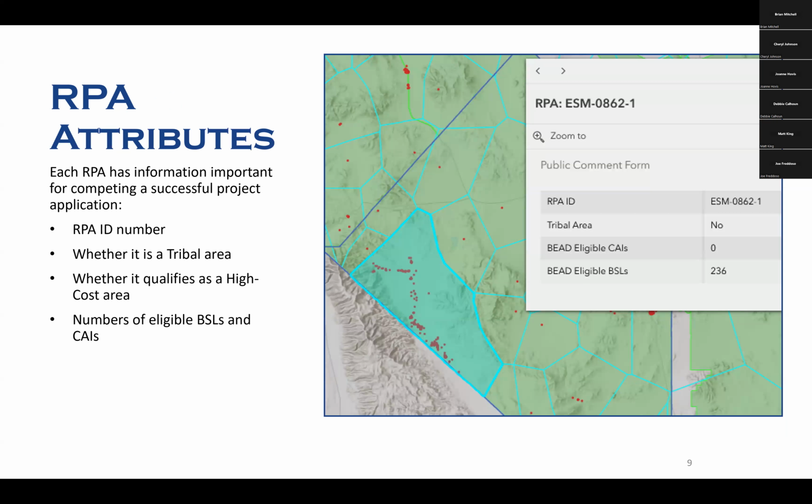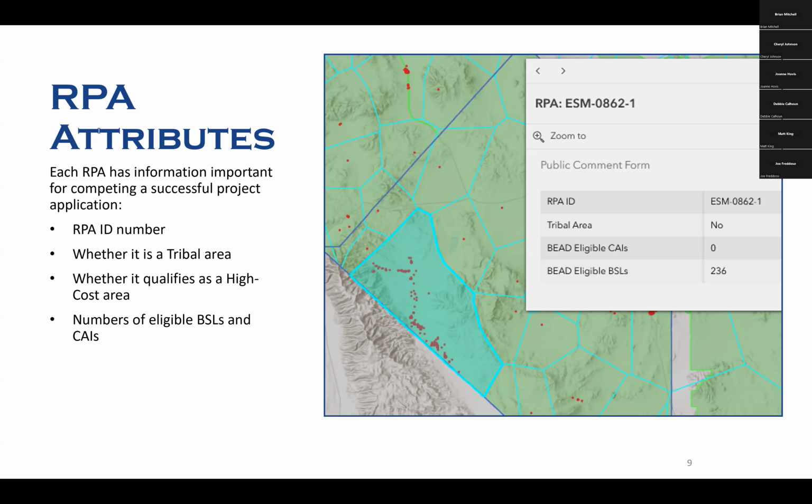The attributes that are available on the map are listed here, and this information is going to be important for preparing an application. It includes an ID number for each RPA, whether it's tribal, whether it qualifies as a high-cost area, and the number of BEAD eligible locations within the RPA.